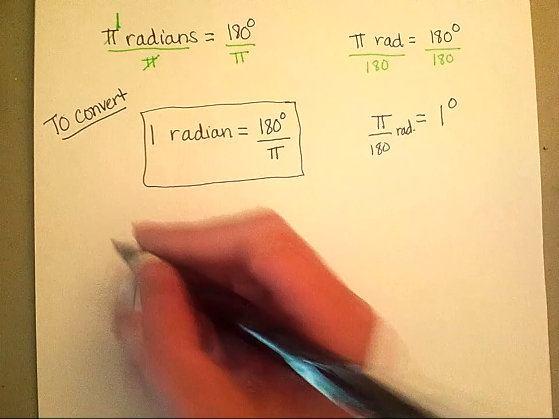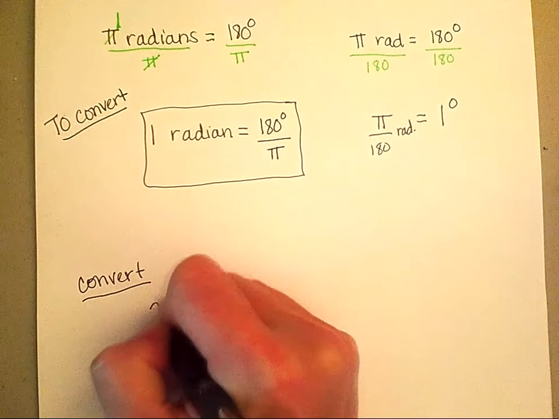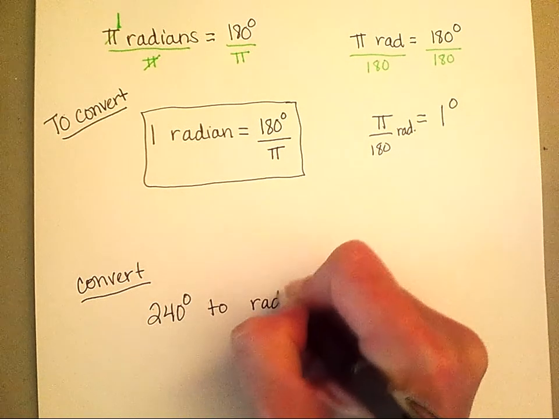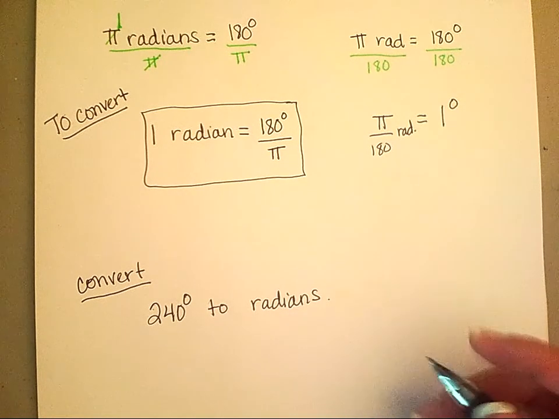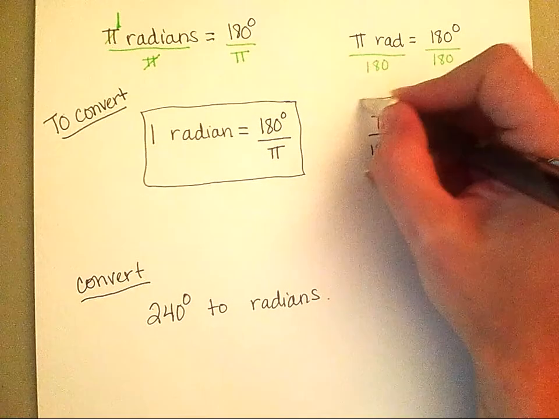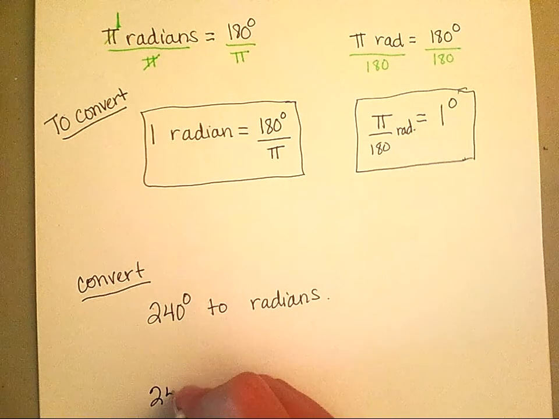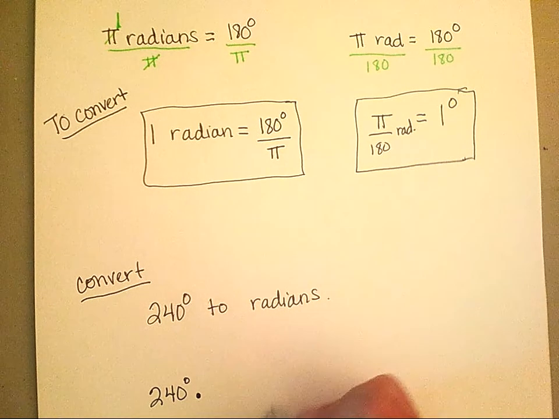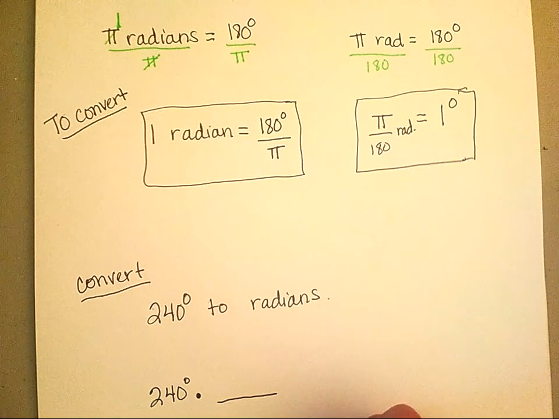Okay, so let's do an example of that. Let's convert 240 degrees to radians. Okay, so notice these are our values of 1, right? So what I want to do is I want 240 degrees, and I'm going to multiply by the number 1 in such a way that the degrees will cancel.